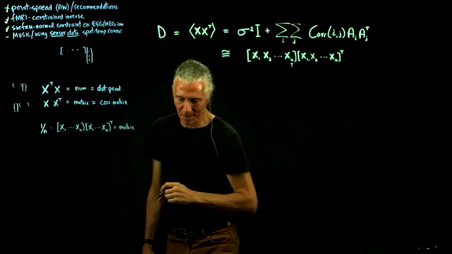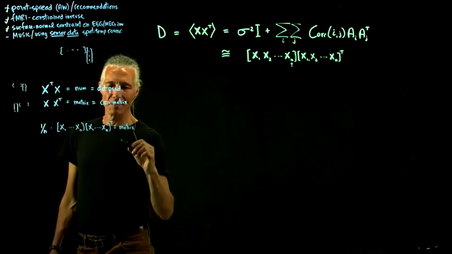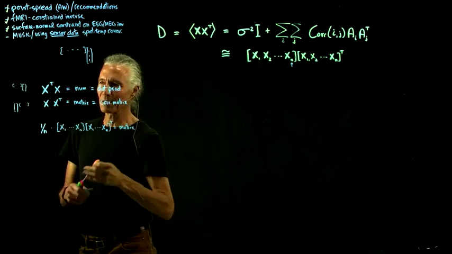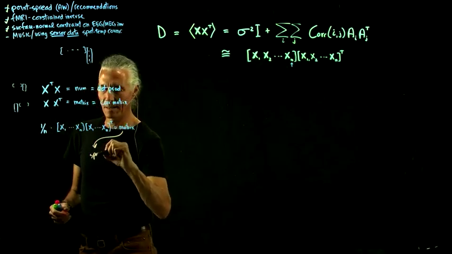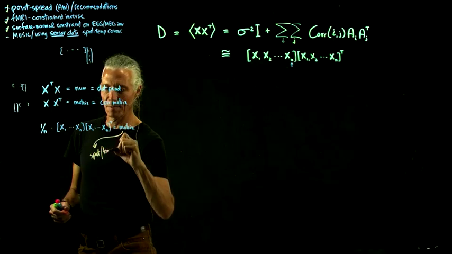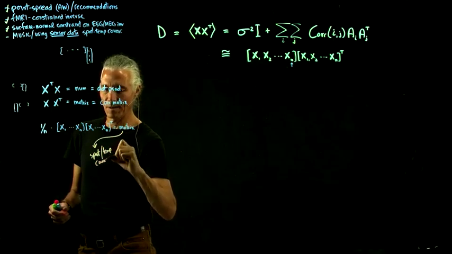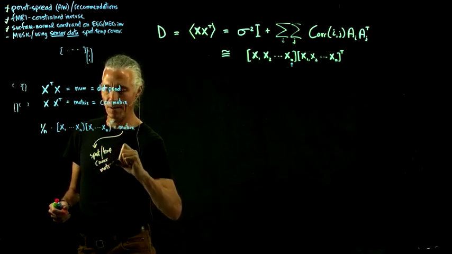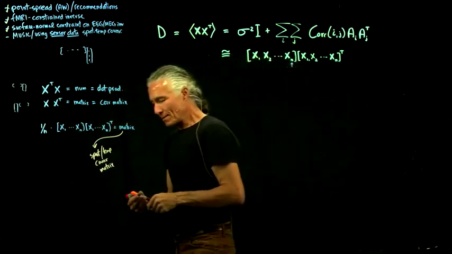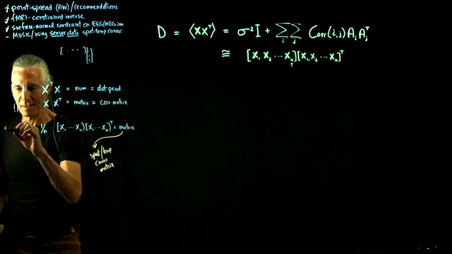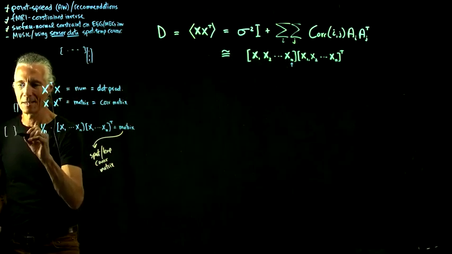And this one is our spatiotemporal covariance matrix. So in that case, we're multiplying a matrix times a matrix.